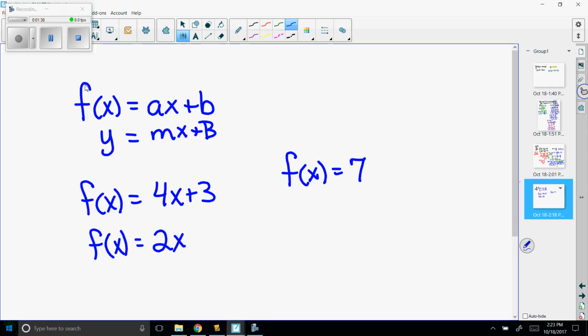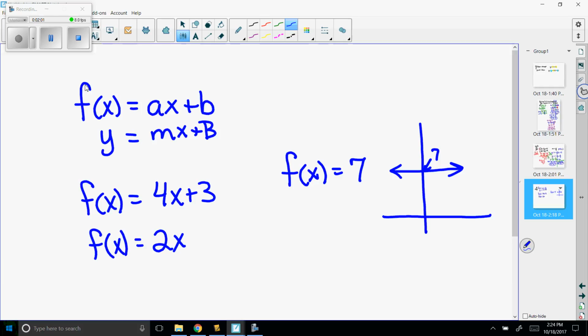What type of a straight line? 0 slope, right? It has a 0 slope. So this actually happens to be a horizontal line that crosses the y-axis at 7. So that part of your graph is at 7. So it's the horizontal line.